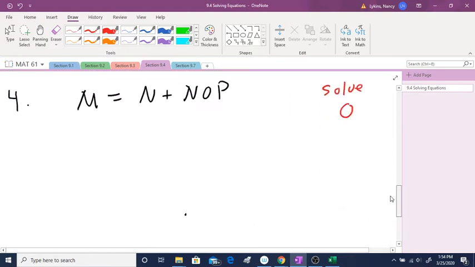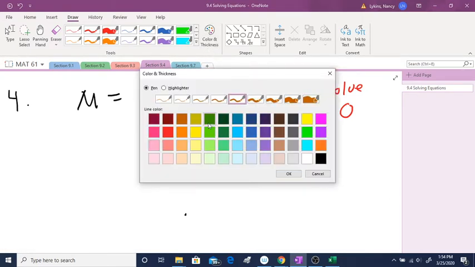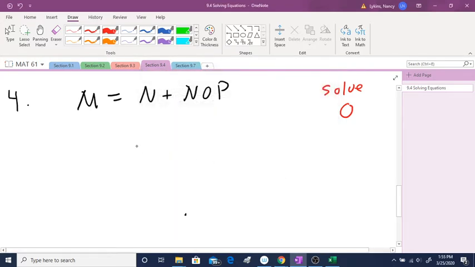Now this type of problem, number 4, is the one where I've just got a lot of variables, a lot of letters. Since I'm solving for O, all I'm doing is rearranging N plus NOP equals M. I'm just flipping the equation around.